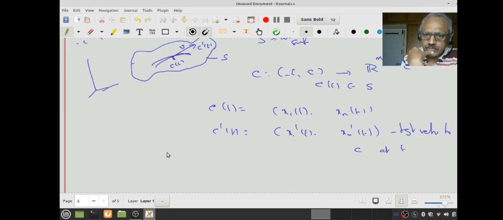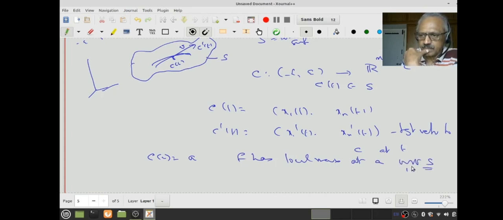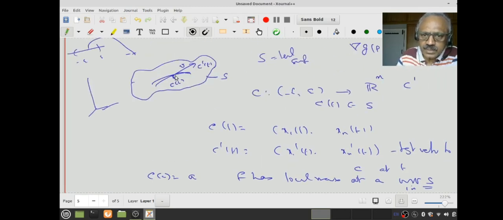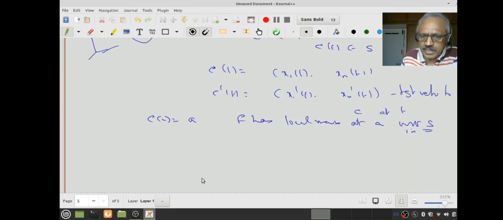Now suppose my C of 0 is the point A where f has a local maxima at A with respect to S. It's a local extremum with respect to only the S constraint. Then there is a relatively open set, and my curve C, because of continuity, will lie here.